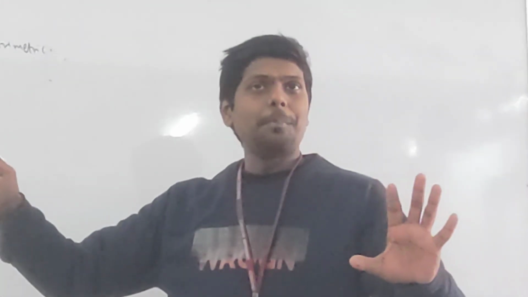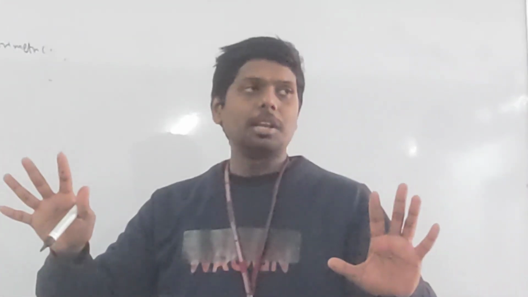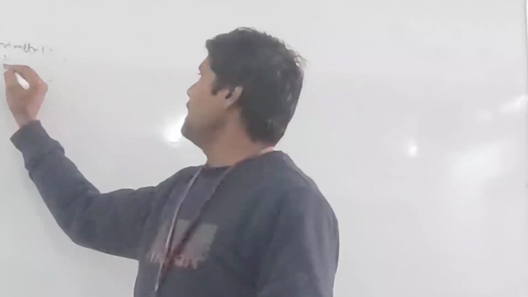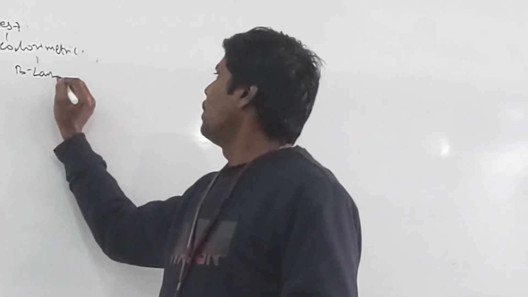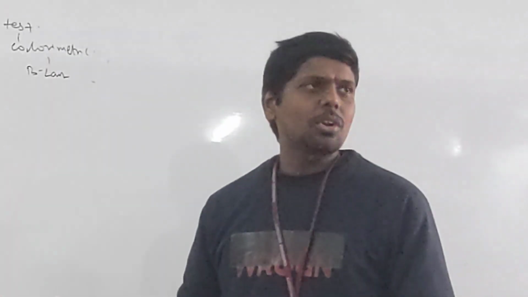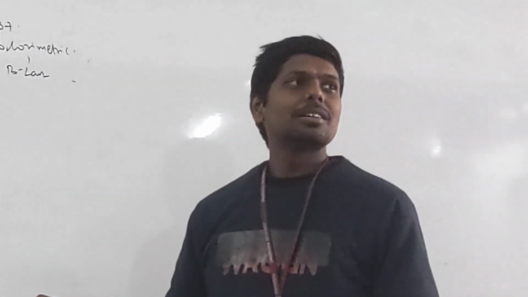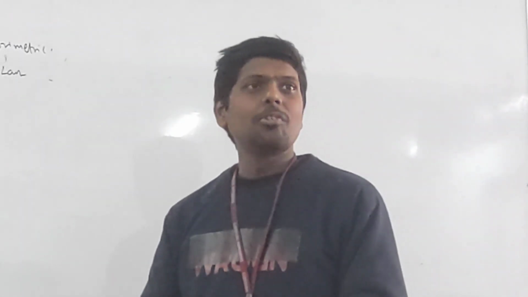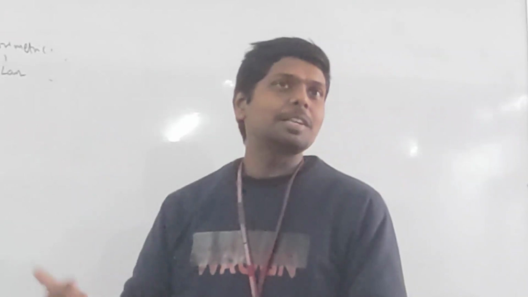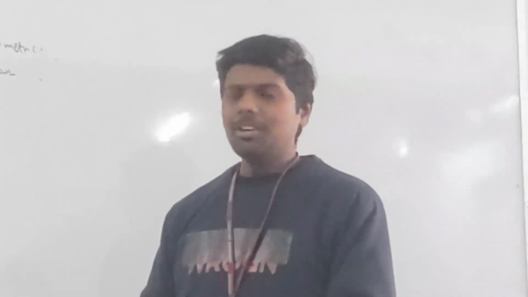So what is the principle of colorimetry? Colorimeter? Beer Lambert's law. So what is the significance of Beer Lambert's law? Yeah. Tell me. Quick. You should be sharp like this. Yeah, very good.